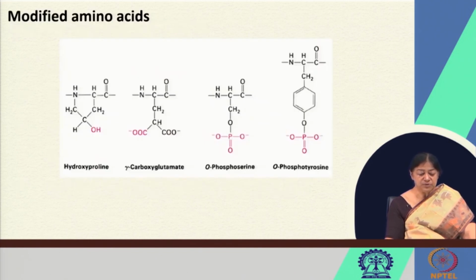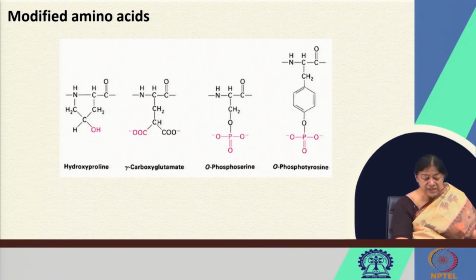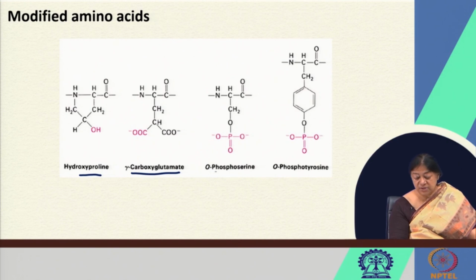Another small thing that needs to be covered is that there are some modified amino acids, as you can see from the names: hydroxyproline, carboxyglutamate, phosphoserine and phosphotyrosine.